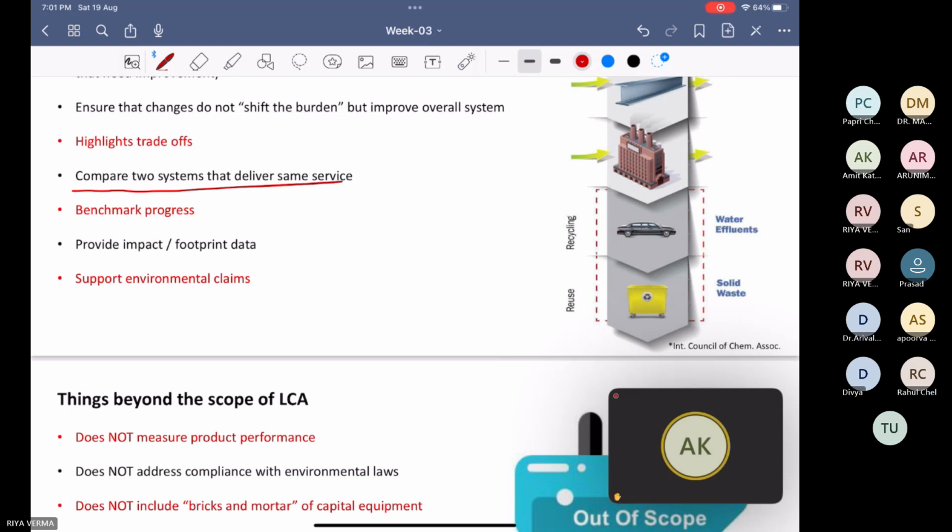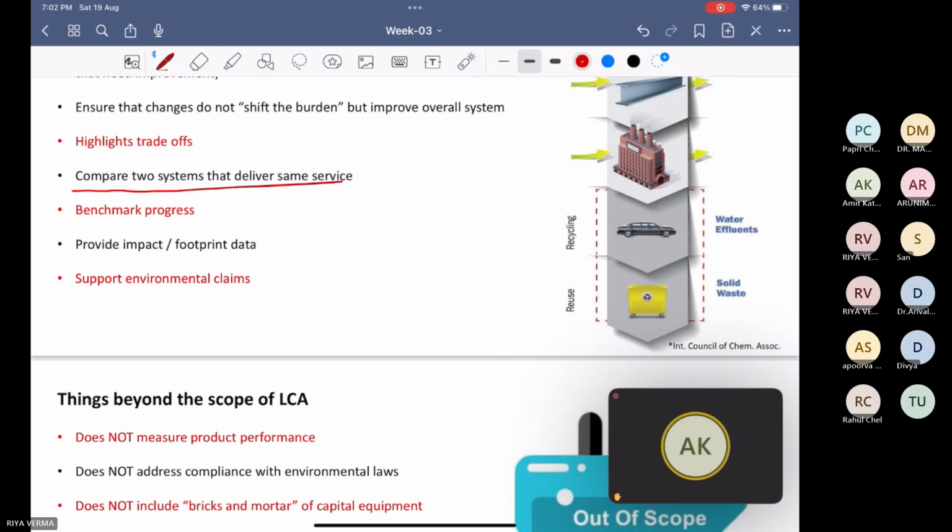Basically, this is the most common thing we do LCA for. We generally compare two products or systems that are delivering the same service, and we can go for LCA of those two products or systems. For example, if I have manufactured some product X, and there is some product Y already in the market, I can go for LCA of both products, and if my product comes out to be a better option, then I can use it in the marketing of my product, that my product is more environmentally friendly or better than that product due to certain factors.